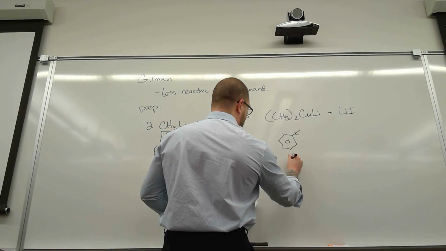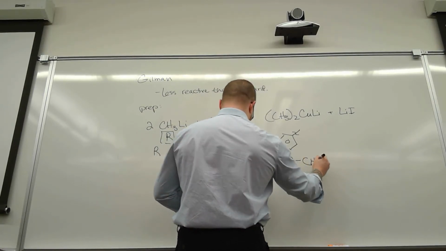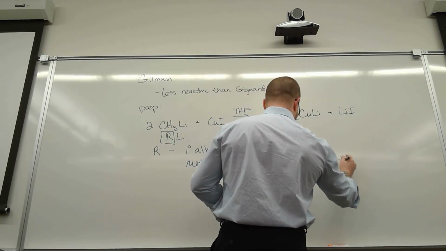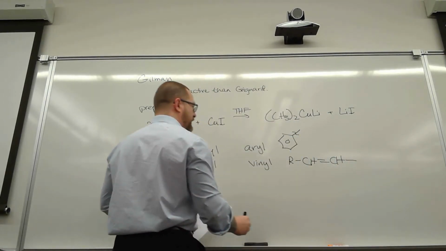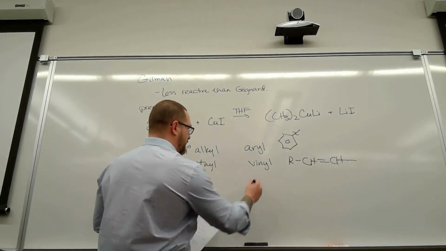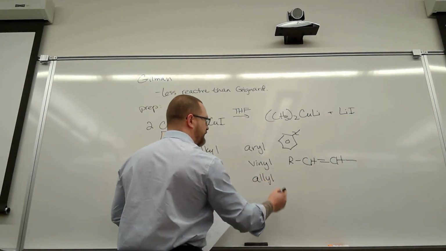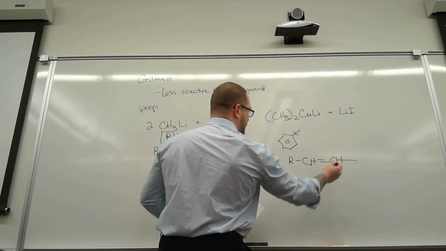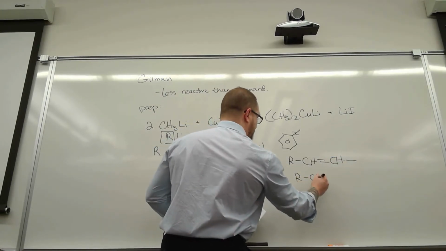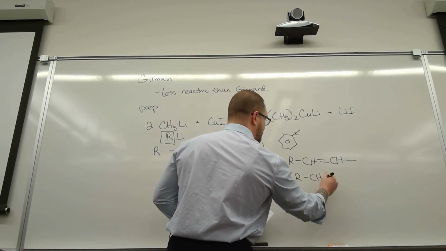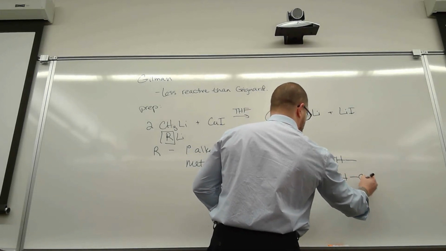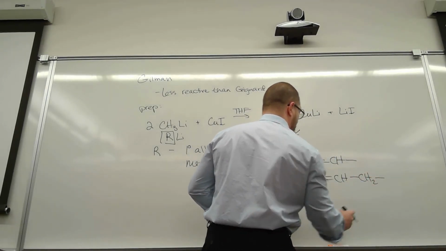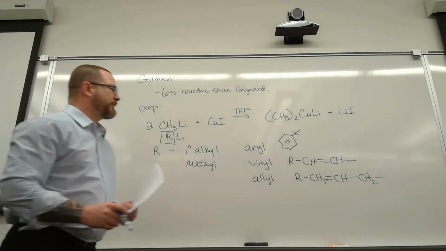And the vinyl is where the halide is directly on the double bond. And it can be allylic as well, where this is 1 bond away from the double bond.